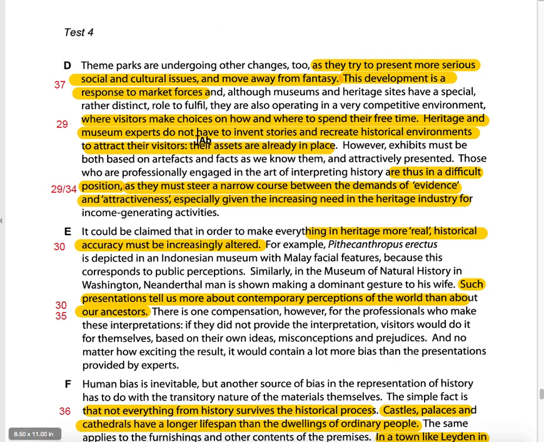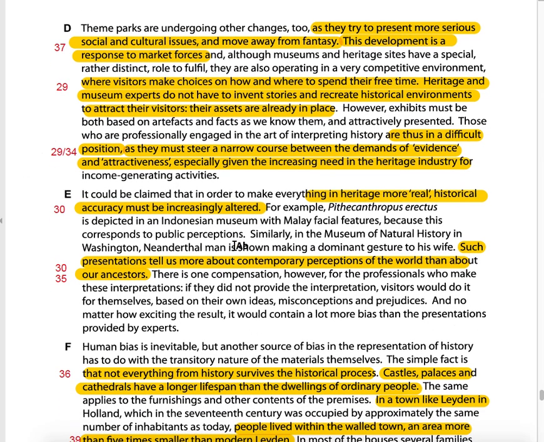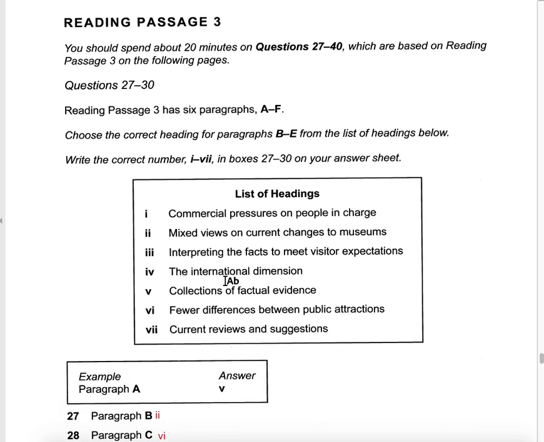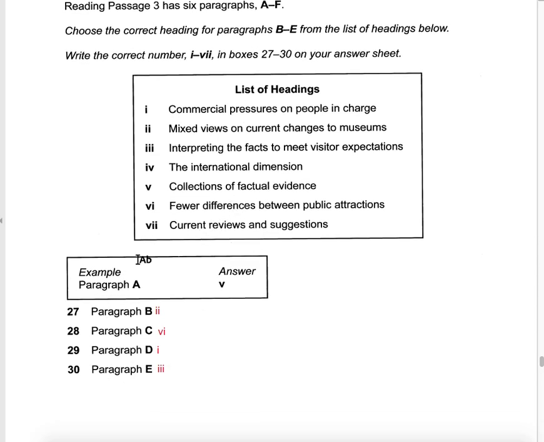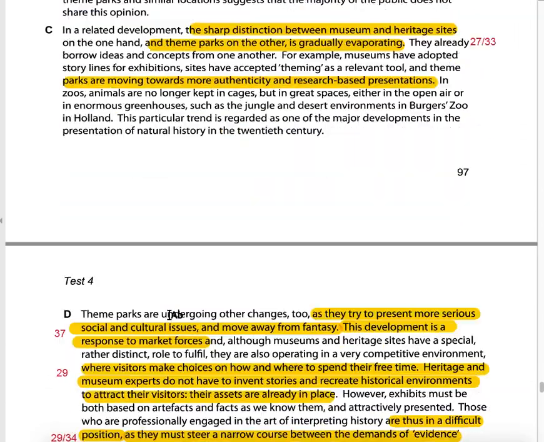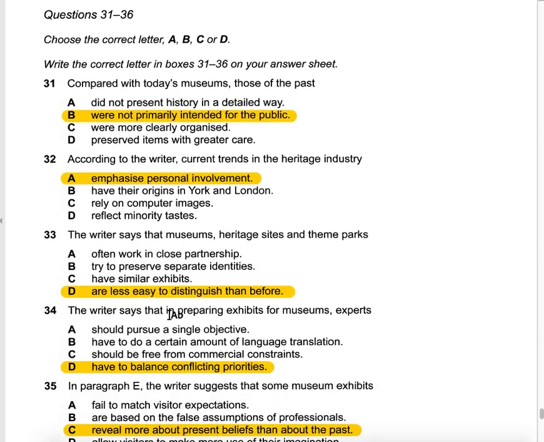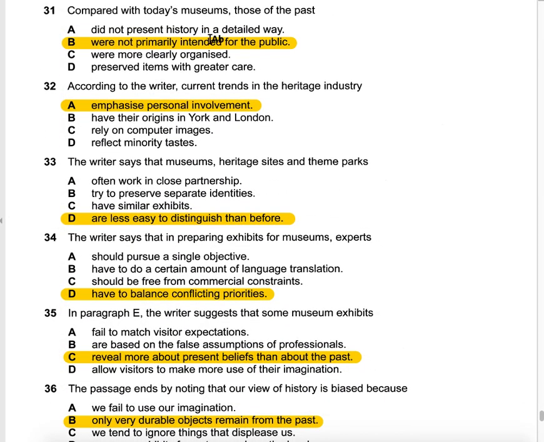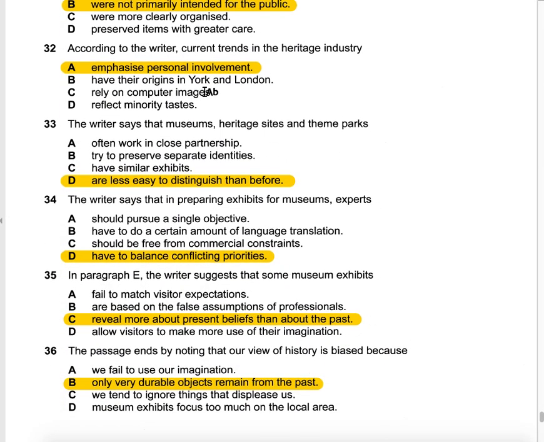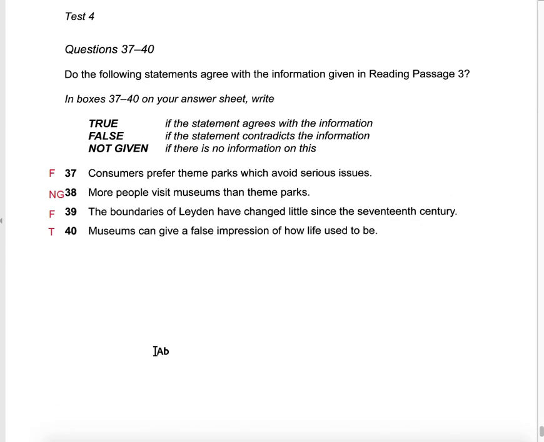Let me double check that one. Right, and here it talked about the pressure they feel to provide real evidence and make it attractive. And here it talked about changing, so 3. Right, okay. And then B, right. Good, and last page.